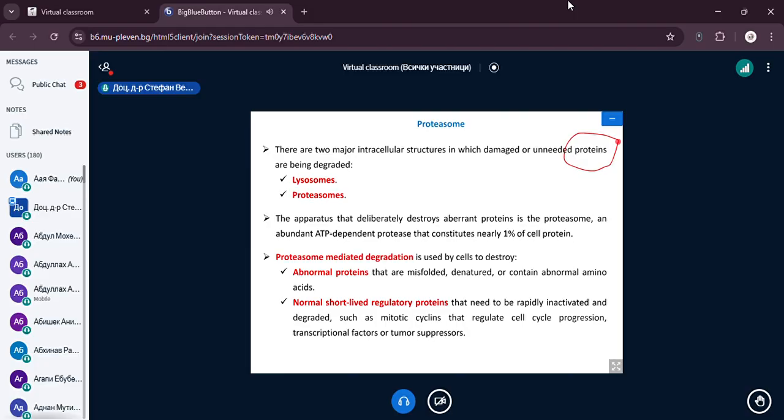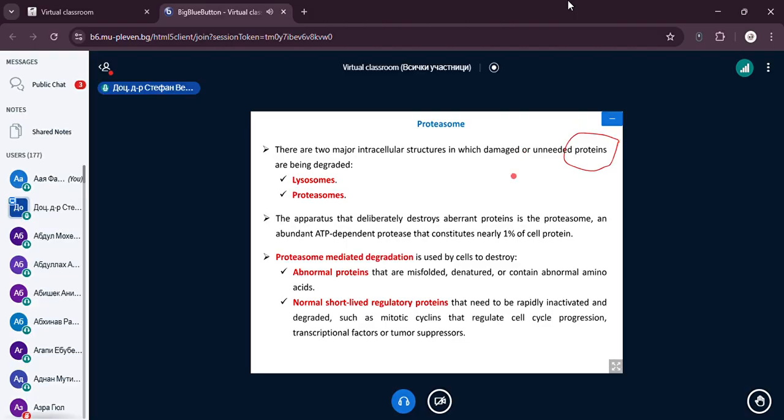The major place for protein degradation in the cell is the lysosomes, but the cell possesses another mechanism by which it can degrade unnecessary damaged proteins. This is not an organelle, this is a large enzymatic complex present in the cytoplasm. We will discuss it now because its function is related to the function of lysosomes, and I want just to point out another structure which serves a similar function to lysosomes.